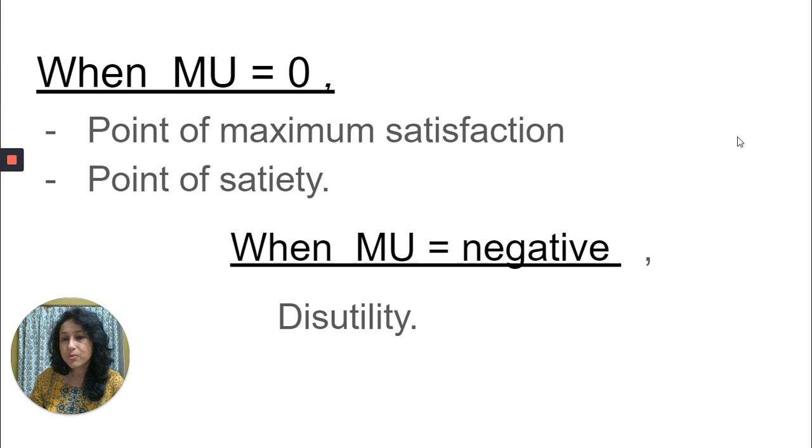Where marginal utility is 0, that is the point of maximum satisfaction for the consumer, the point of satiety, right? Where marginal utility is negative, there is disutility, dissatisfaction. Let's go back to the previous slide.